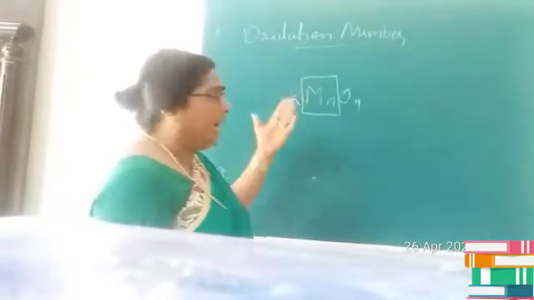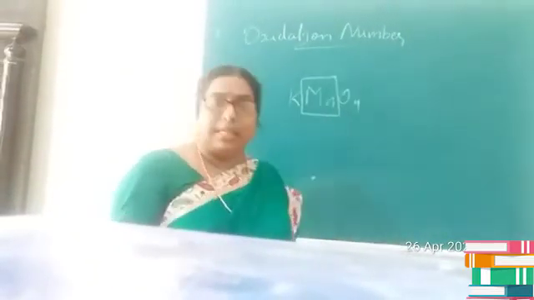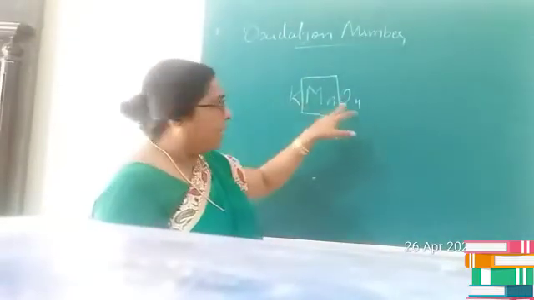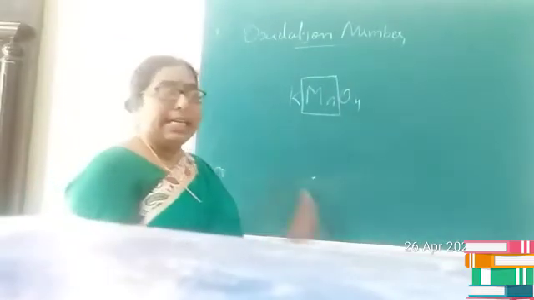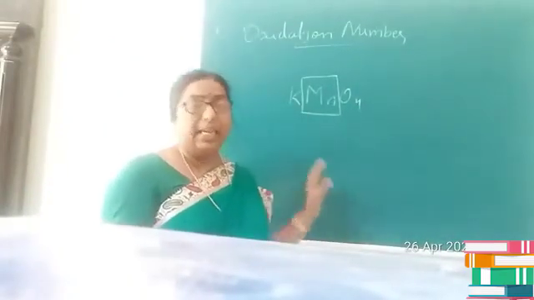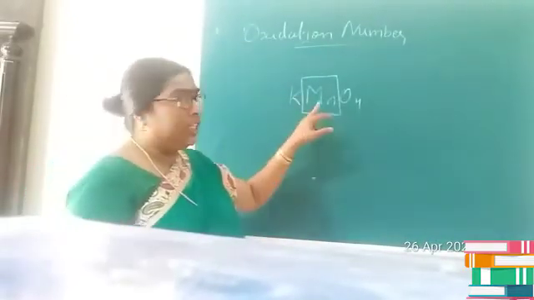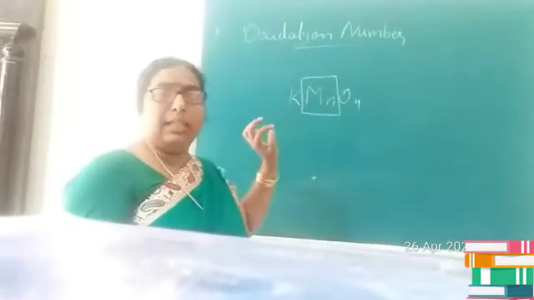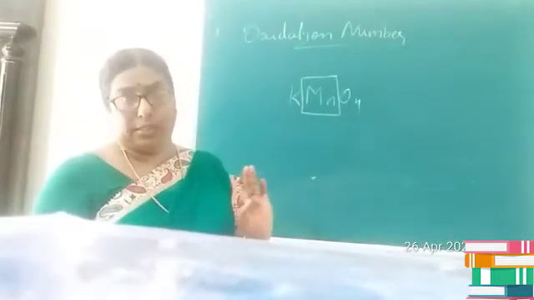So whatever be the residual charge Mn will get, or appears to get, when all other atoms from this molecule are removed in the form of ions, is termed as oxidation number. Is it clear, children? So oxidation number is the charge possessed by an atom when all other atoms from that molecule are removed in the form of ions.